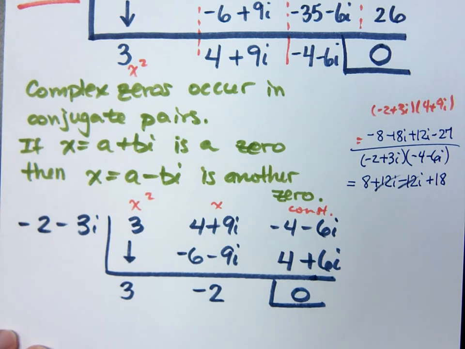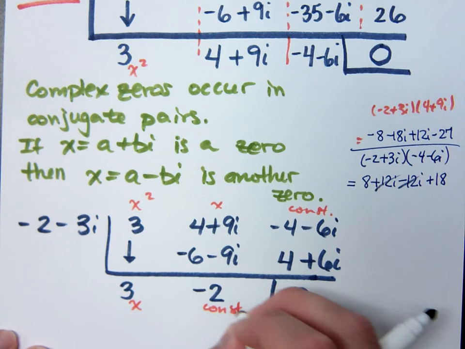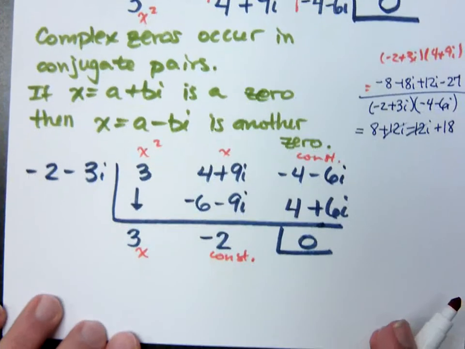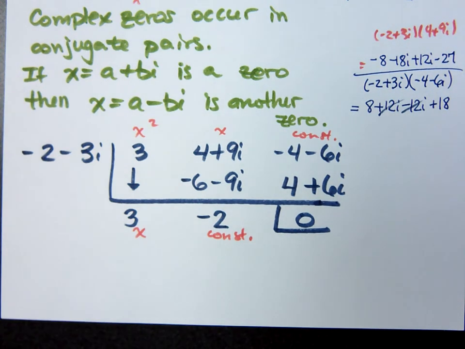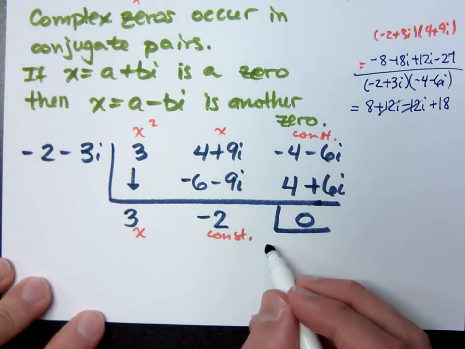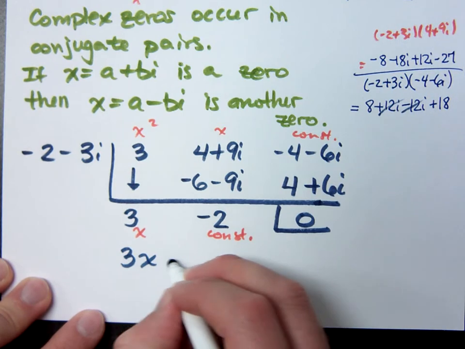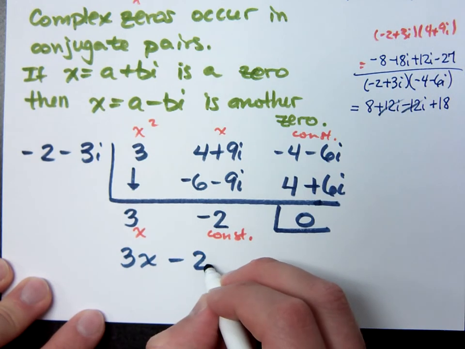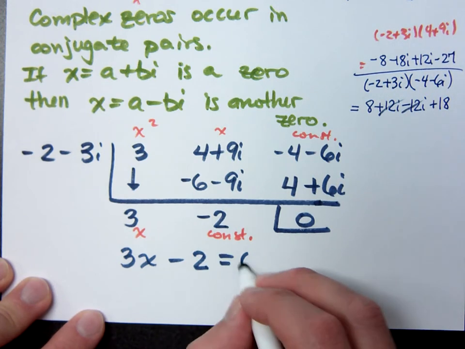Now, since this guy was x squared, that means this is my coefficient for x and this is my constant. So you see where I'm going with this? We found 2 zeros, so it went from a degree of 3 to a degree of 2 and then 1, right? How would you write this last guy right here? Isn't that just 3x minus 2? So my question to you is, when does that equal 0? What would you say?